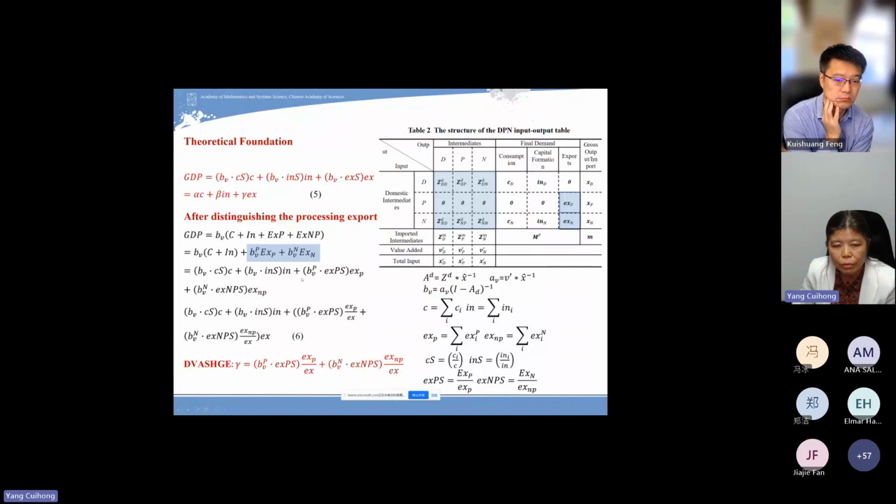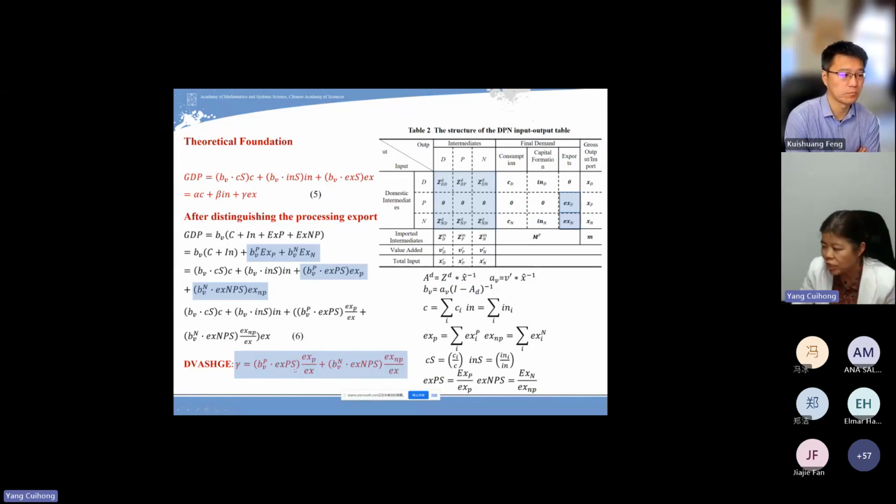And then we put these shares into the formula. Similarly, this is the total value added coefficient of non-processing export, and this is that of processing export. Finally, we can get the new gamma.